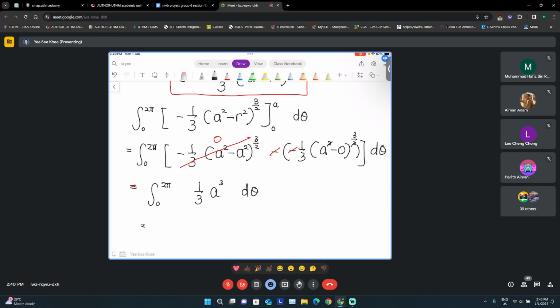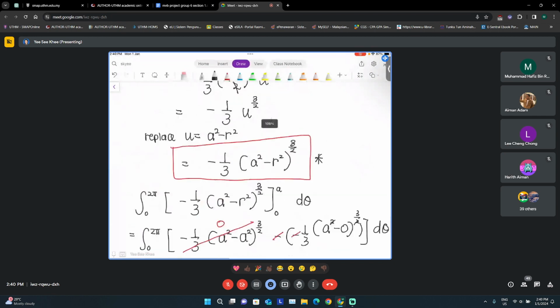Next step will be easy, right? Just top up with the 2 pi over 3 a cube. So you get the final answer is this one, and this answer represents the flux coming from the upper hemisphere. Why just upper hemisphere?